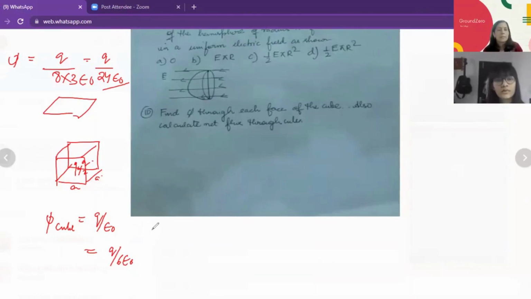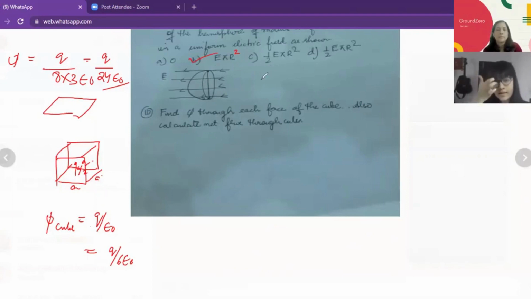No. Area vector. Okay, E pi r square. E pi r square. So yeah, the square is missing, right? So this has to be the answer, option B. So how did you do that?